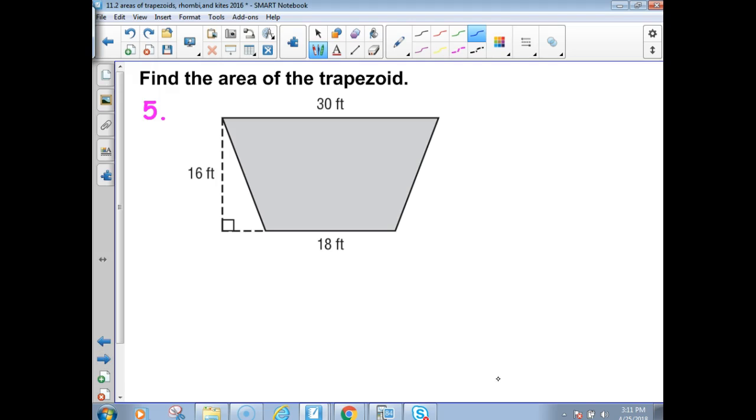All right, 5. Let's go for this one. How fast you can be. You know accuracy counts more though. If you want to do the addition of these bases in your head in the beginning, that saves time.